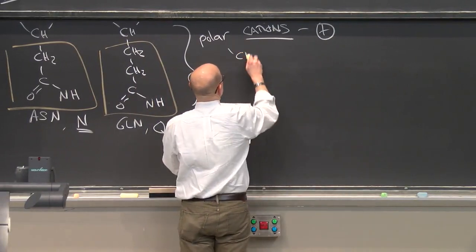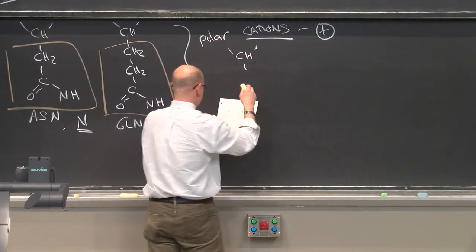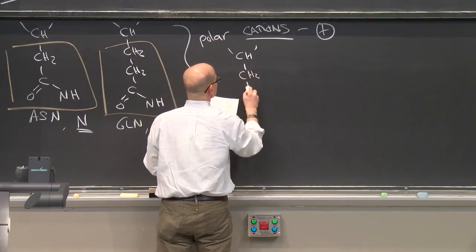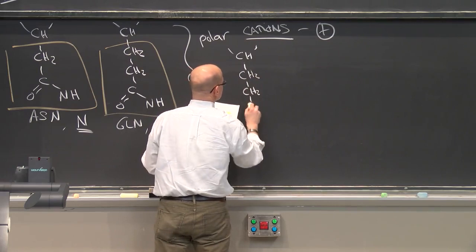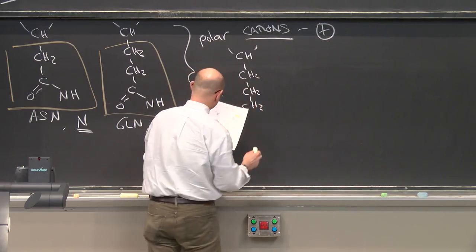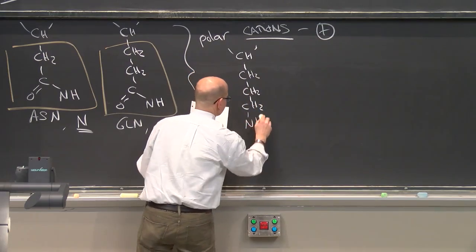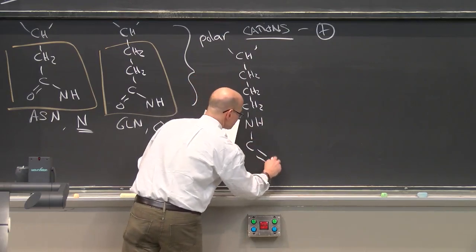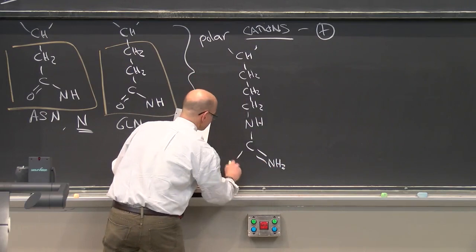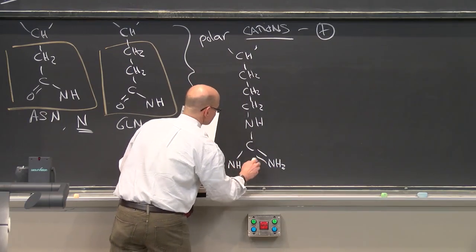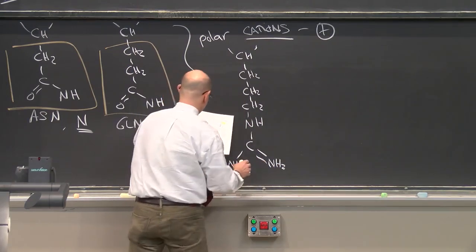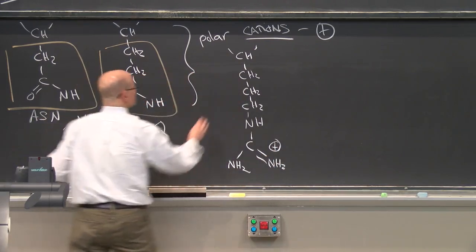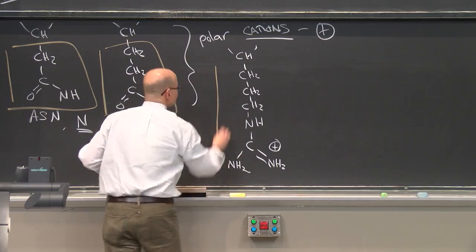Okay, let's draw some of those side chains. So the first one that we're going to draw is this. CH2, CH2, CH2, NHC. Now, I'd like you to notice this is the side chain.